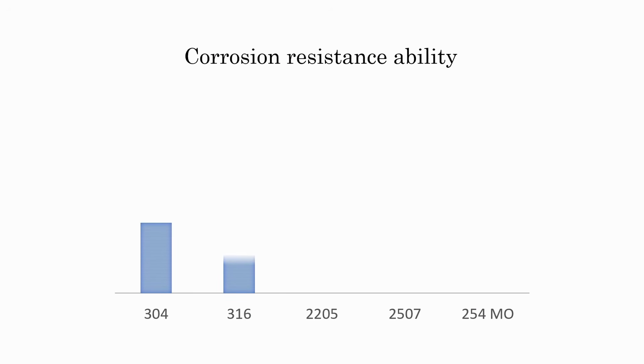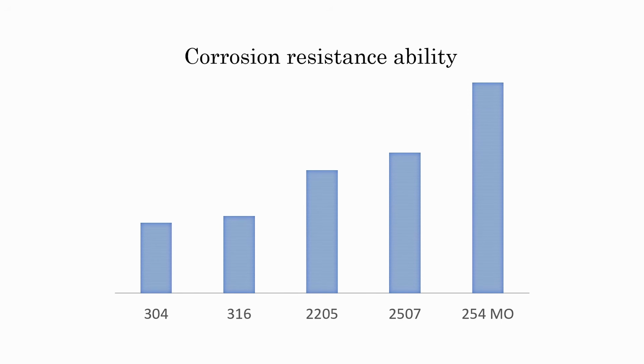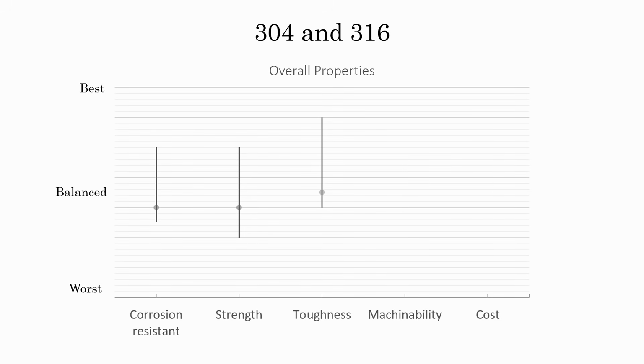And this might surprise you. The stainless steels 304 or even 316 are not the best corrosion resistant stainless steel. In fact, 304 and 316 are not the best stainless steel in any property, in any area. They are popular just because they offer a mixed balance of properties.